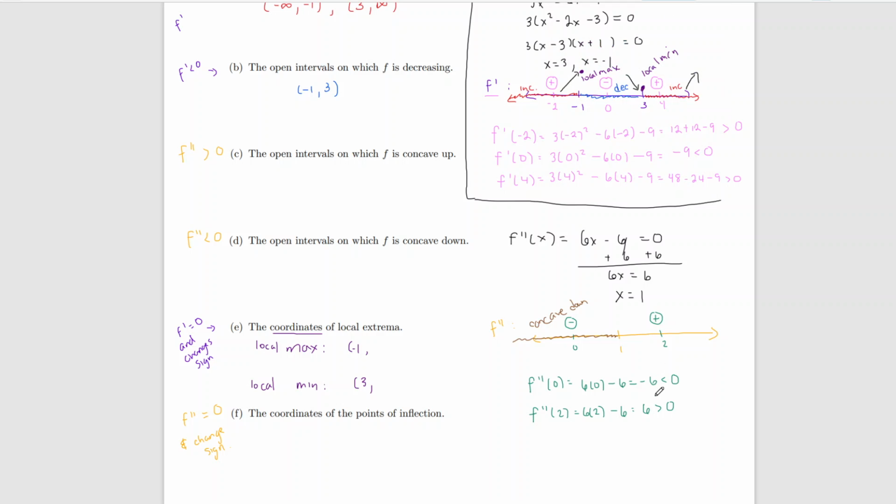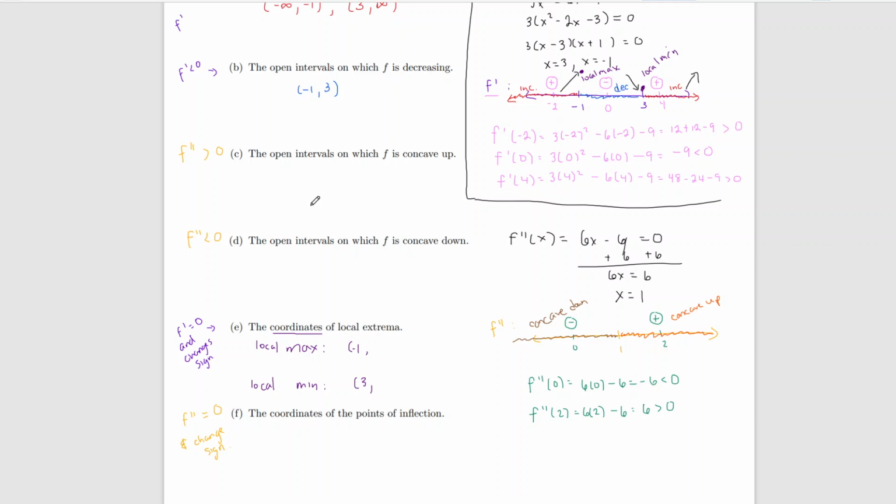I'll use orange. Since we got a plus here, it's concave up. But as far as points of inflection, they're not as special as maxes or mins. We don't care about whether it's going from concave down to up or up to down. We only care that it changes concavity.